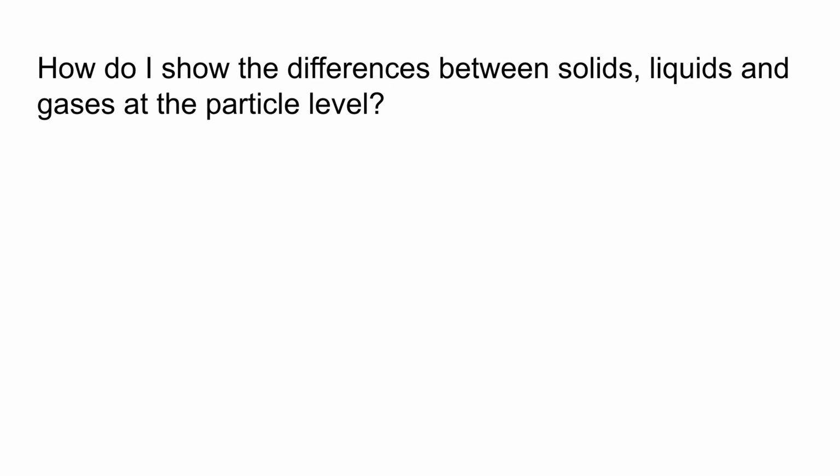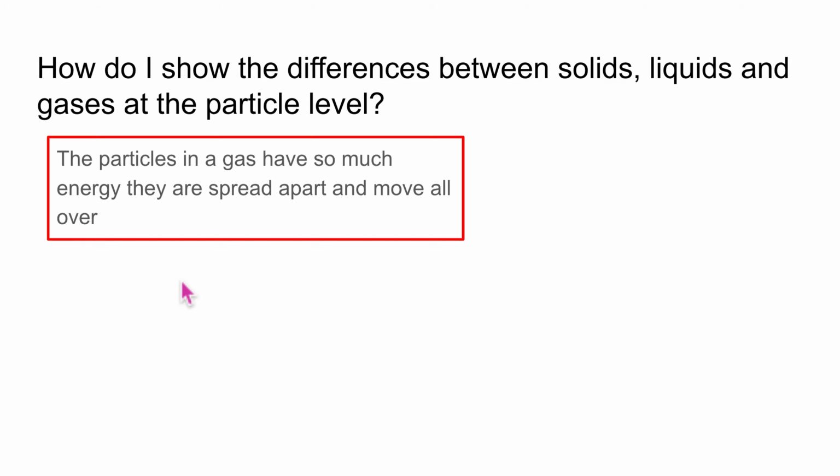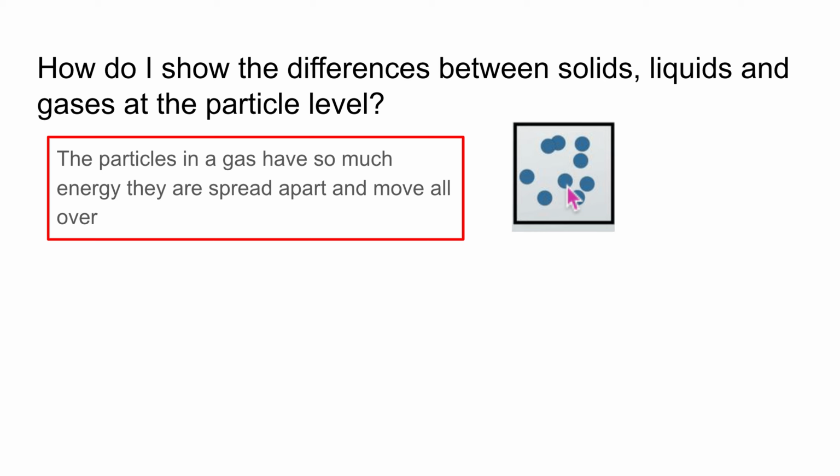How would I show the difference between solids, liquids, and gases at the particle level? Well, the particles in a gas have so much energy they're spread apart and move all over. So in a gas, I might show it like this, with the molecules just floating around in the air. They spread apart. There's no particular shape or size.